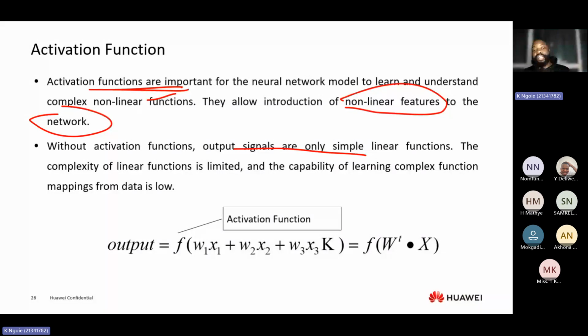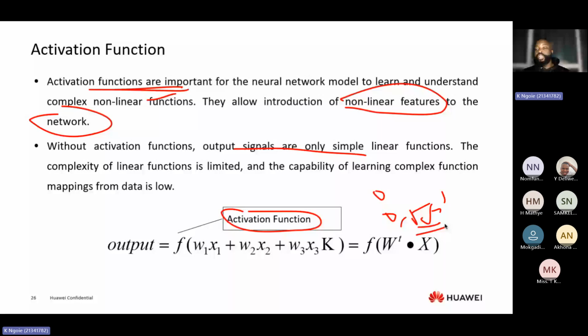So in the last layer, we're going to have an activation function which will turn whatever information we get into a probability, a value between 0 and 1. So we can have maybe a 0.55 value.